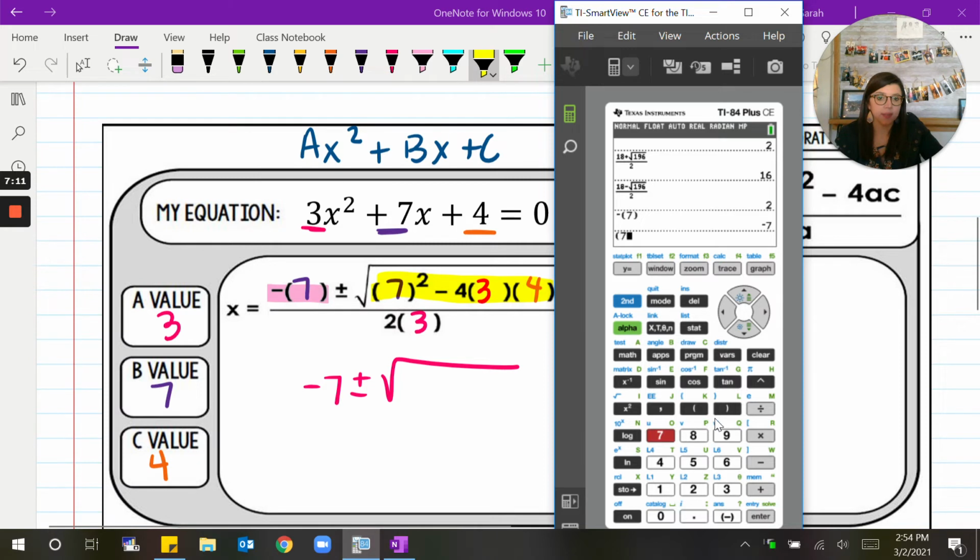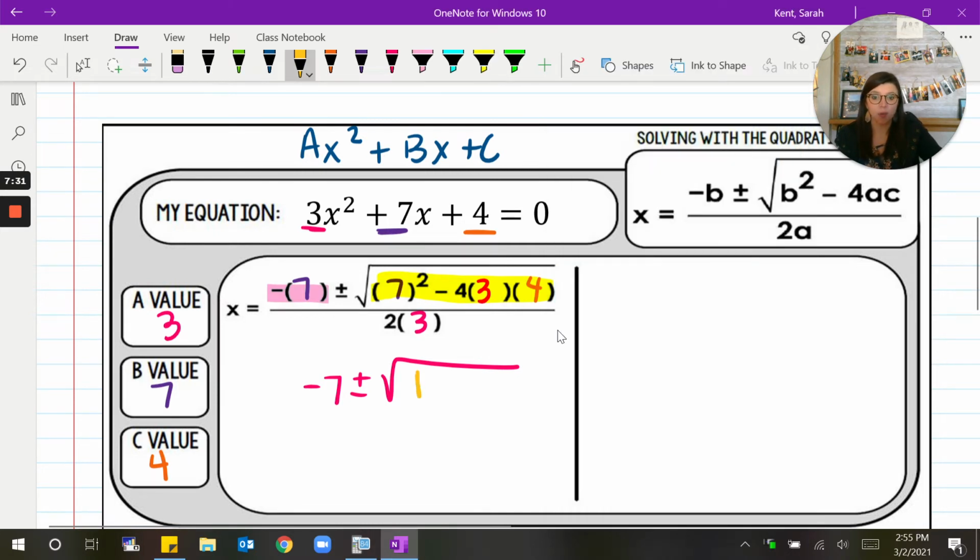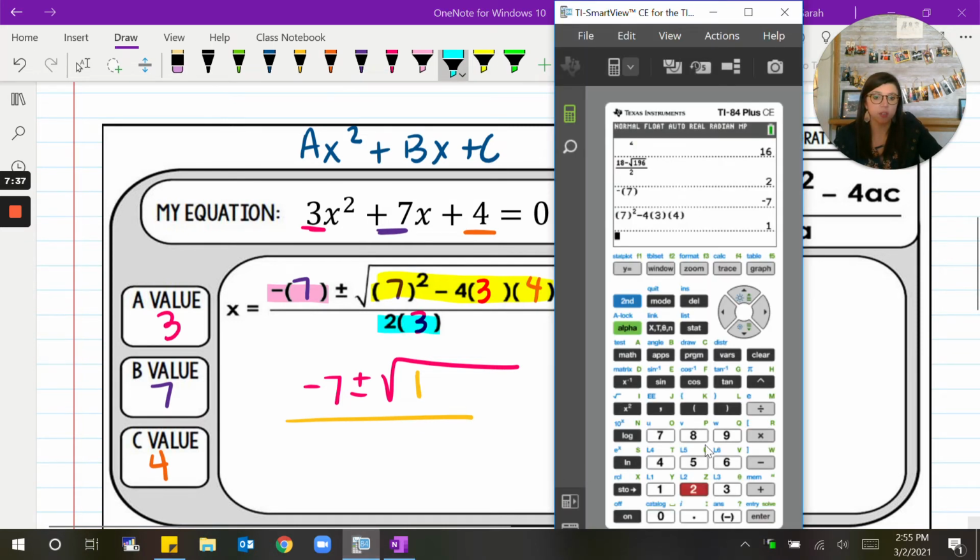So I'm going to do parentheses 7 squared minus 4 parentheses 3 parentheses 4. So again, my calculator matches my paper. We press enter, and here I just get 1. So inside I put 1, and then lastly I need 2 times 3. So I'll do 2 parentheses 3, enter, and I get 6.